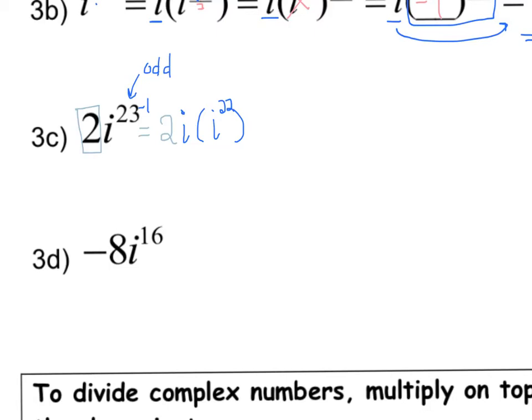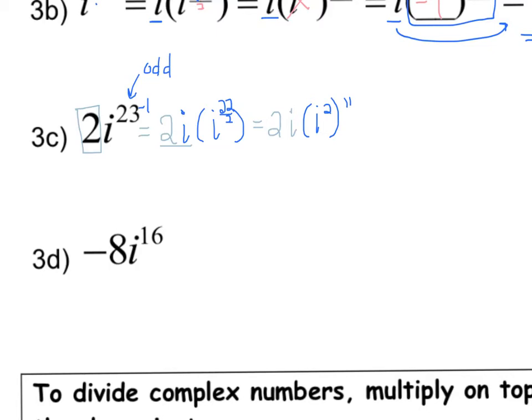Now we will keep rewriting that 2i out front, just the way it is. And we will rewrite the i to the 22nd as i squared to the, what's 22 divided by 2? 11. That way 2 times 11 is 22.